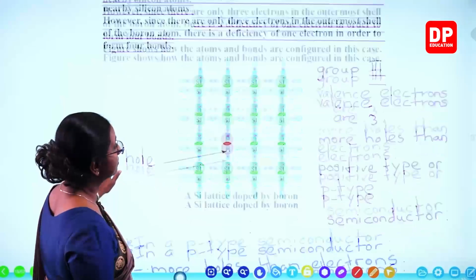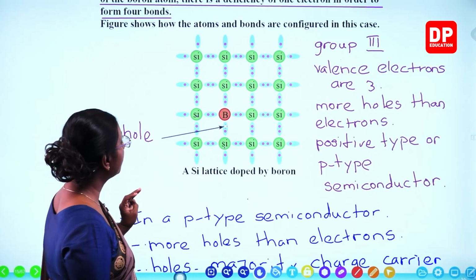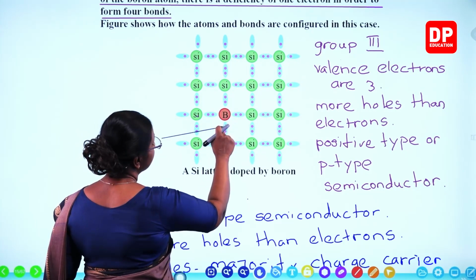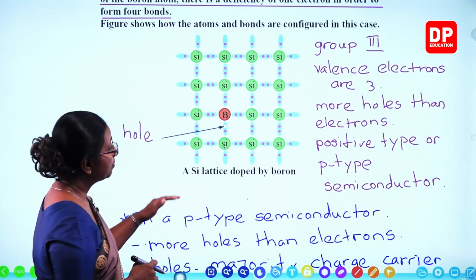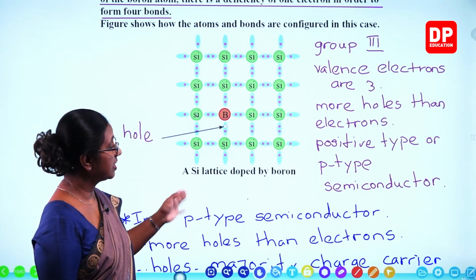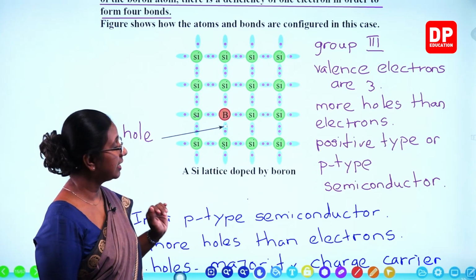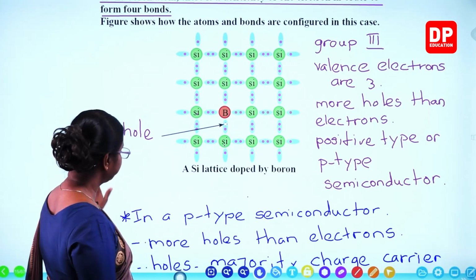So here I explain to you all, since group 3 has 3 valence electrons, there are more holes because there is not enough electrons in boron to form a bond. So because of that, there are more positive charges than negative charges. Therefore, this semiconductor is known as a positive type or P-type semiconductor.